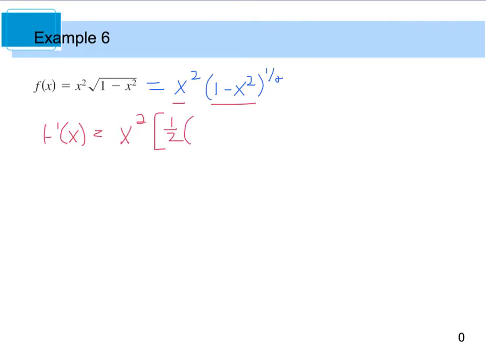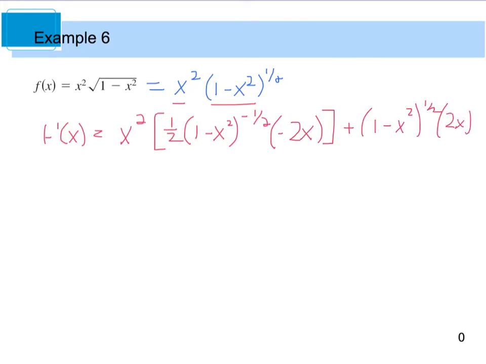So I have 1/2 times the quantity of 1 minus x squared, raised to the negative 1/2 power, and then I'm going to multiply it by the inside. The derivative of the inside is a negative 2x. And then I'm going to add that to the second, which is 1 minus x squared to the 1/2 power, times the derivative of the first, and the derivative of x squared is 2x.